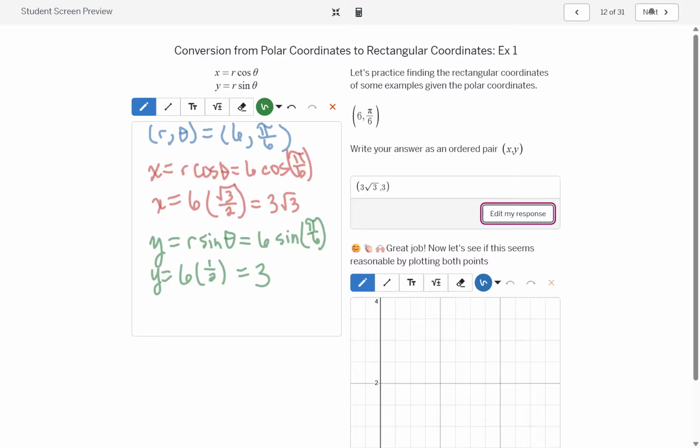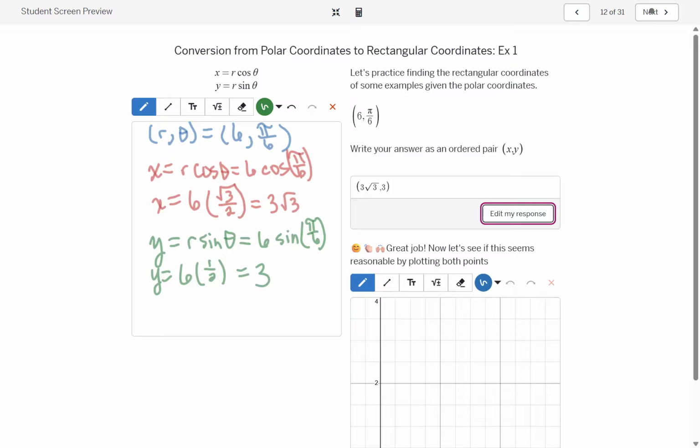Okay. So what would it say for 3 square root 3? I think it's actually like 4 point something as a decimal. So you'd want to type it in like in pieces. If I type in 6 cosine pi over 6, I actually get 5.196. That's a crazy number.